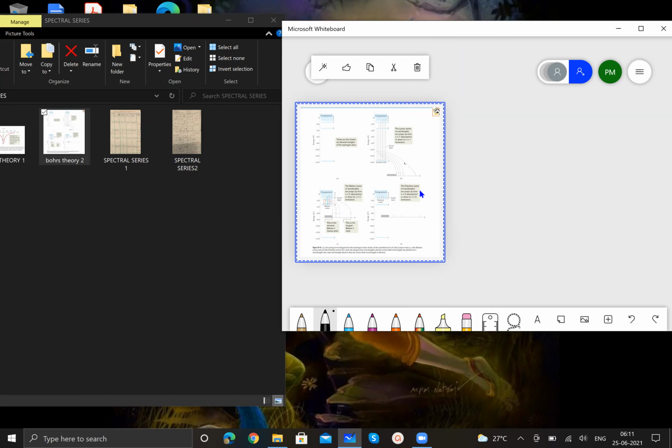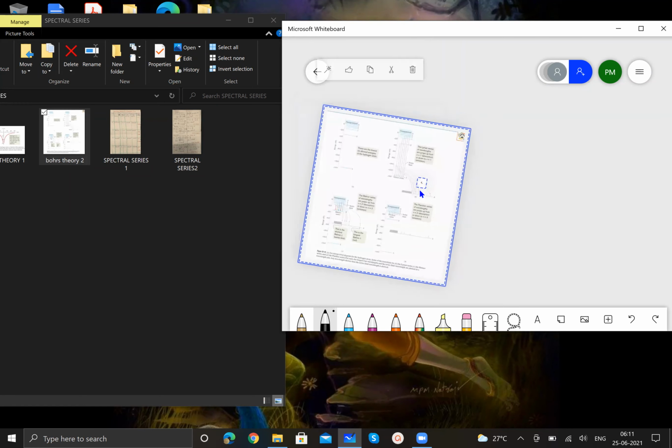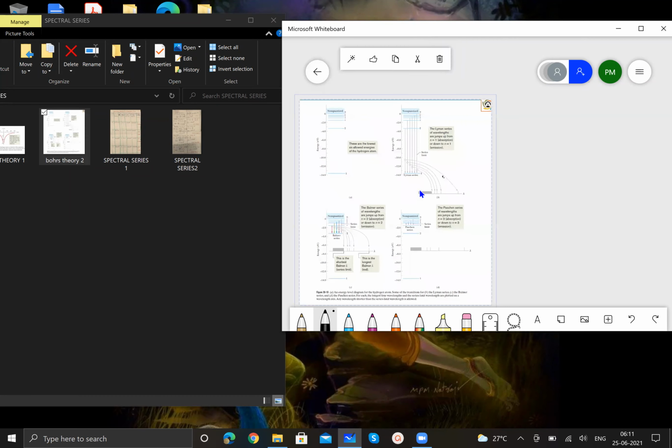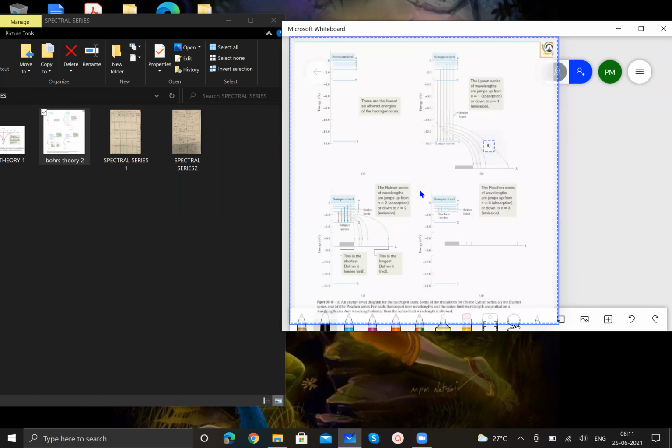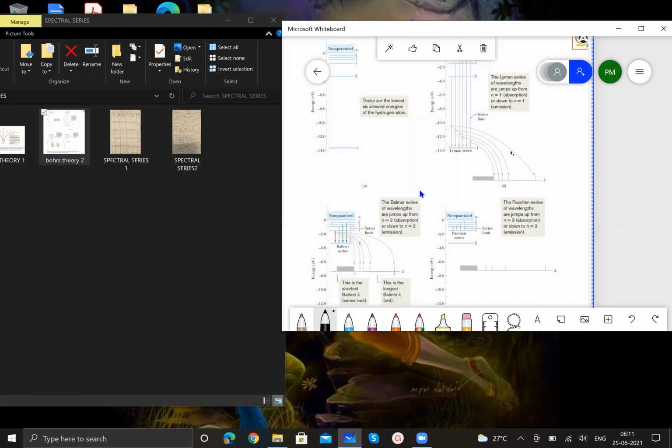I have shown you all the different spectral series. We have drawn the energy level diagram as well as the orbital model showing the different spectral series.